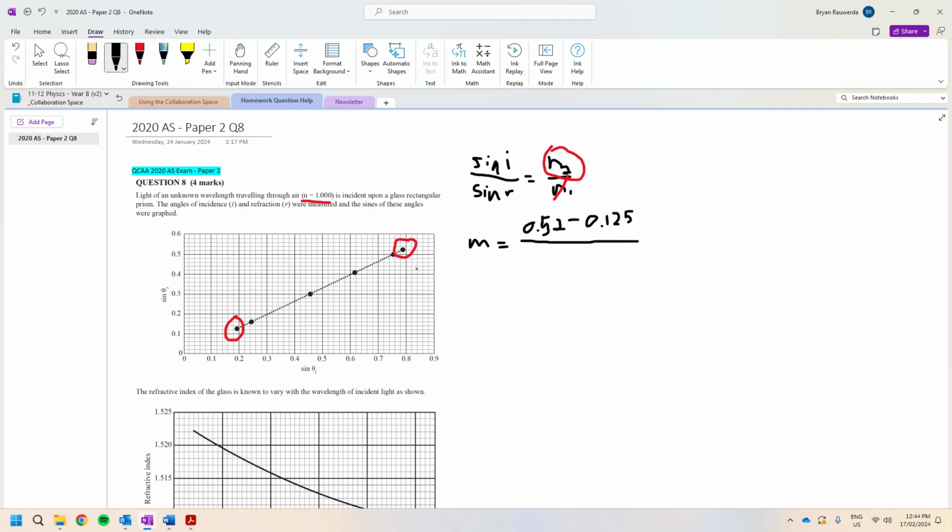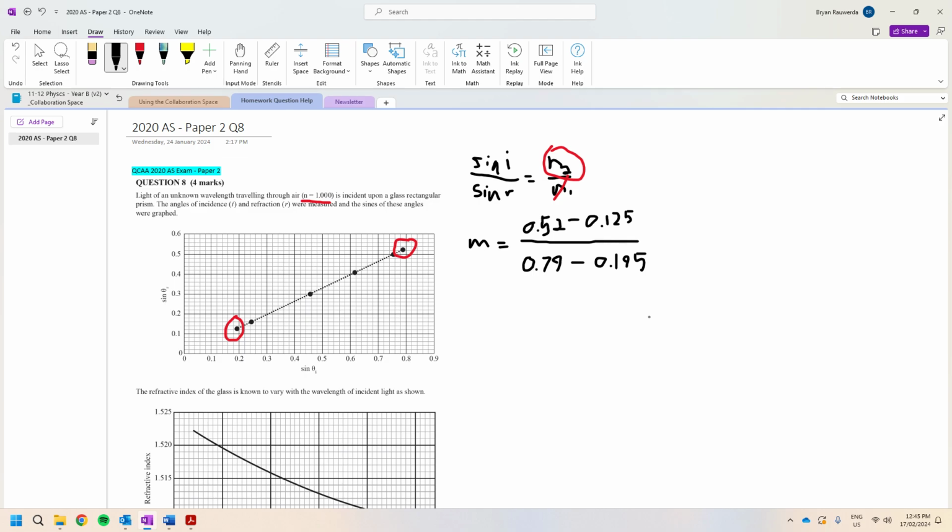Our x values: 0.78 is this line, and that's pretty close to 0.79, so that's what I'm going to use, minus the bottom one, which is just past 0.19, so 0.195. Again, probably should be using 3 decimal points, but I'm going to use it anyway.